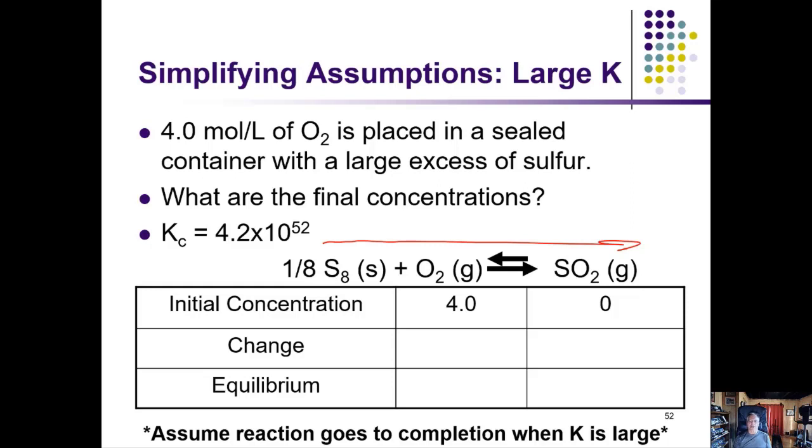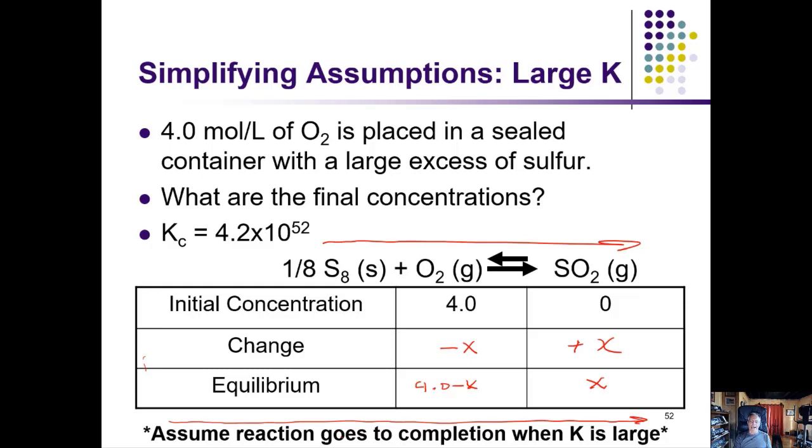So our change here is minus x. Our change here is plus x, and at equilibrium we have 4.0 minus x, and 0 plus x is just x. What we're saying is assume that the reaction goes to completion. That means that all your reactant gets used up and all you have is product. So let's make a prediction.